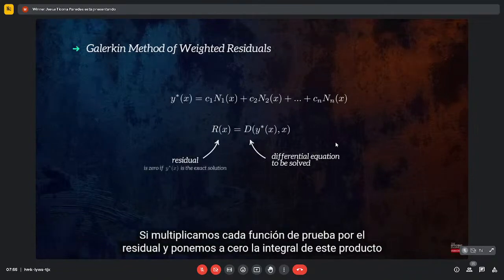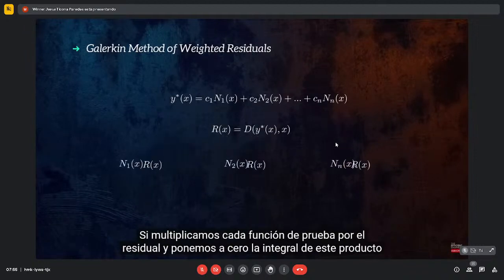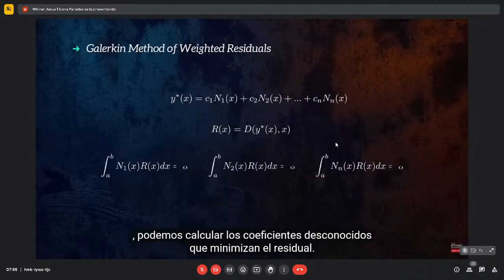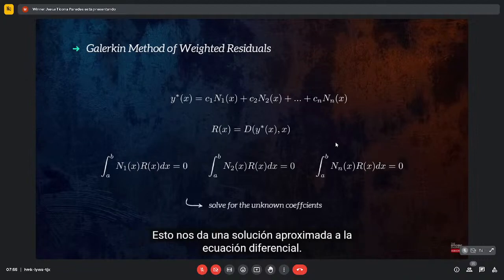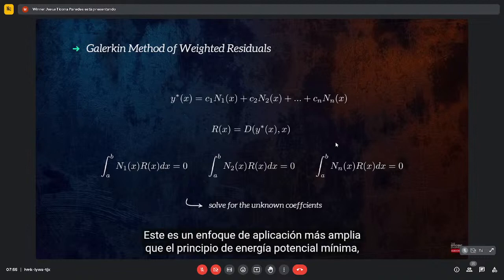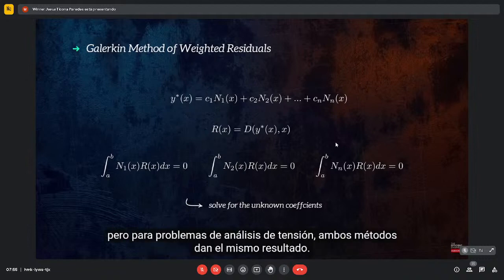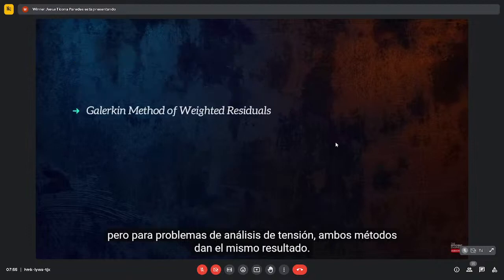If we multiply each trial function by the residual and set the integral of this product to 0, we can calculate the unknown coefficients that minimize the residual. This gives us an approximate solution to the differential equation. This is a more widely applicable approach than the principle of minimum potential energy, but for stress analysis problems, both methods give the same result.